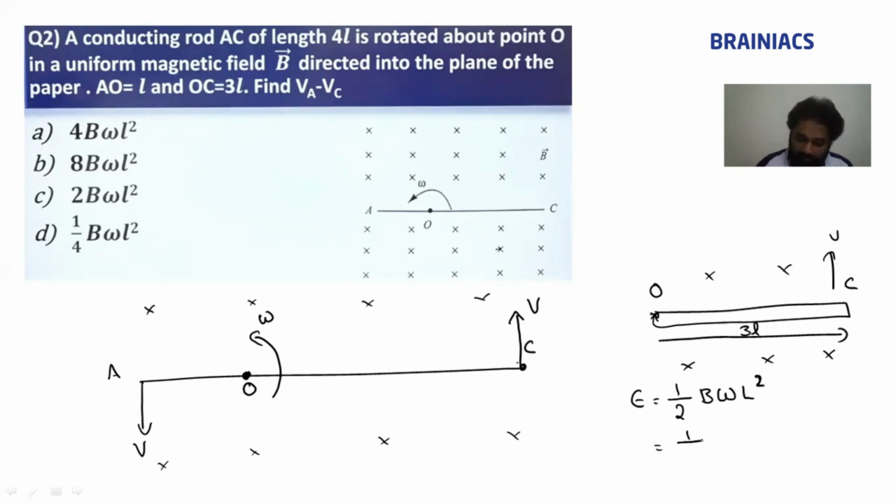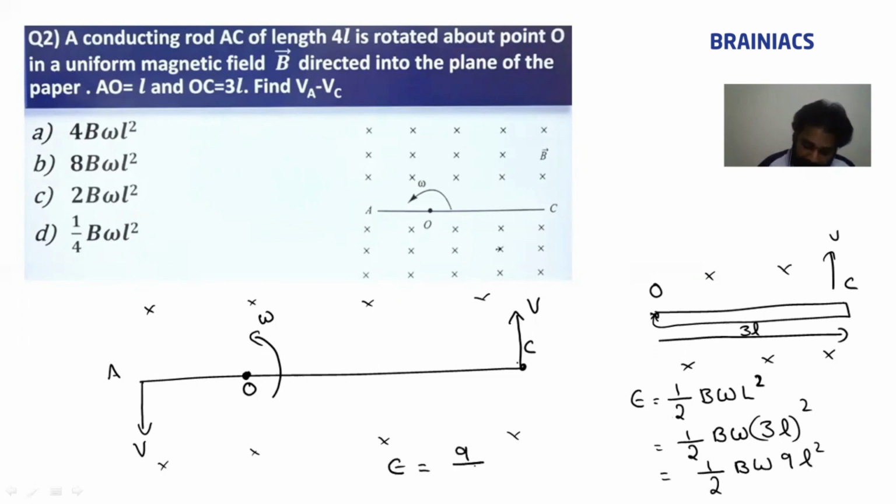So this is half B omega 3L the whole square, which gives half B omega 9L square, or E is equal to 9 by 2 B omega L square. This is the EMF between O and C.